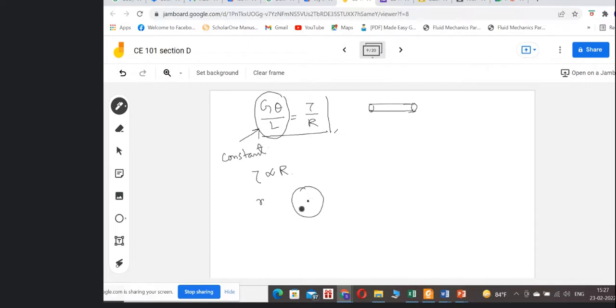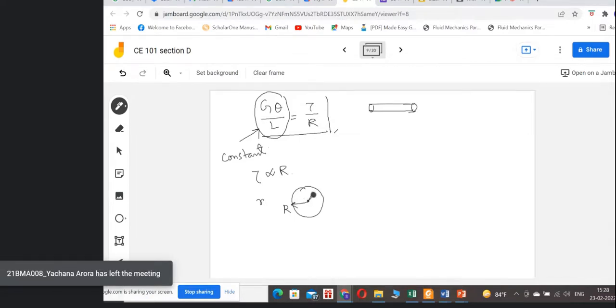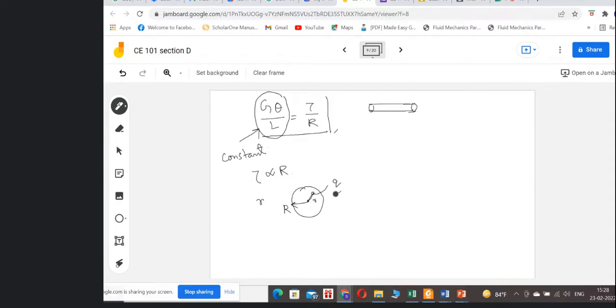If this is the circular section, the maximum radius of the shaft, or ultimate radius, is R. If there is some point here within this shaft cross section at radius r, the shear stress offered by this portion is denoted by Q. When we talk about the maximum radius, the shear stress offered by the shaft is tau.